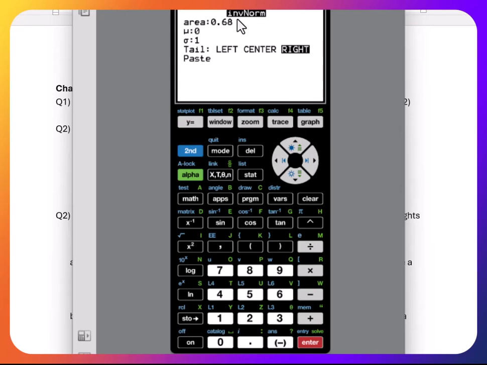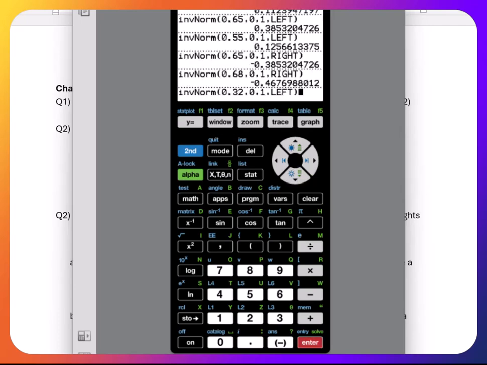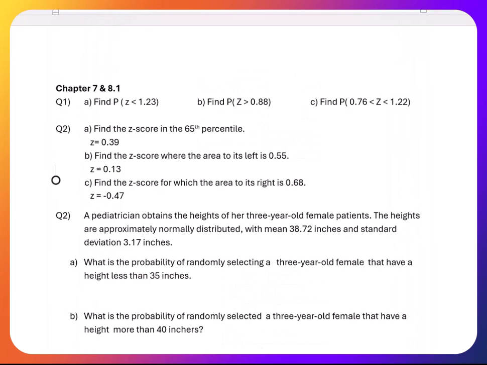It's 1 minus 0.68, so it will be 0.32. And in this case, by default, it's going to be left on your calculator. If you don't see the tail, that means your calculator by default is always left. And look, I'm going to get the same answer. There you go.